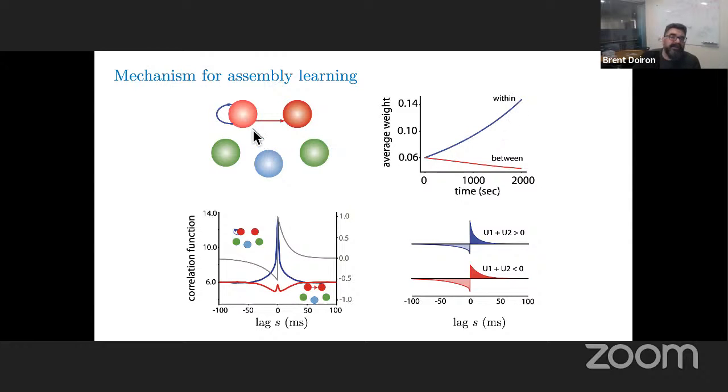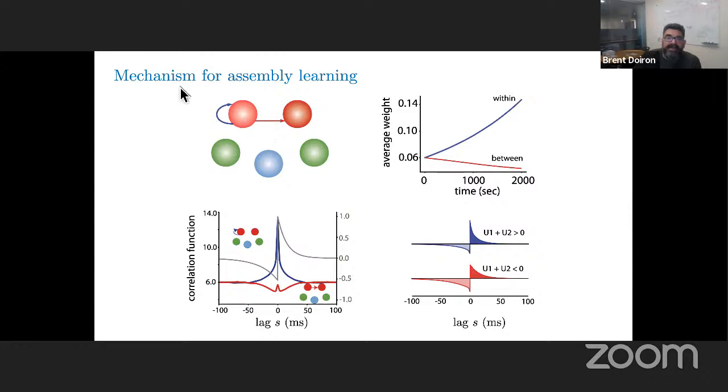So you get a strengthening of the within assembly connection. Since there's anti-correlations between the neurons in adjacent assemblies, you get the opposite effect. The integral of the plasticity rule times the correlation function tends to be negative here, and then between connections tend to decay. And this is what's giving us our assembly structure in our network.